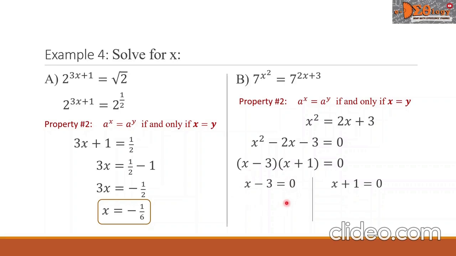In the first factor equation, the negative 3 we transpose to the right. So we have x equals positive 3. In the second factor equation, this positive 1 we transpose to the right. So we have x equals negative 1. So these are the values for x, which are 3 and negative 1.